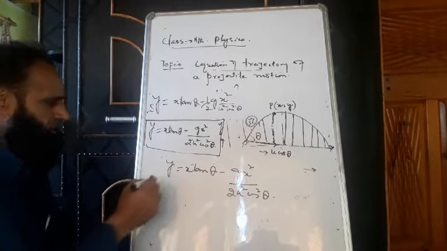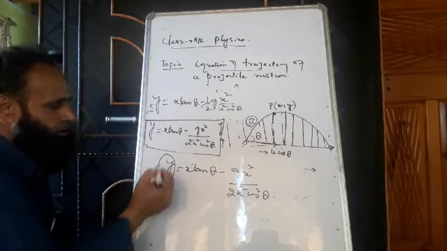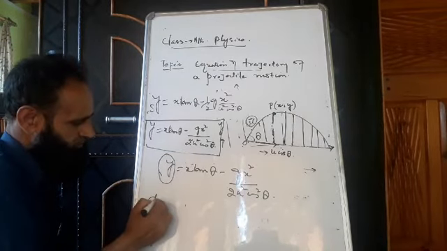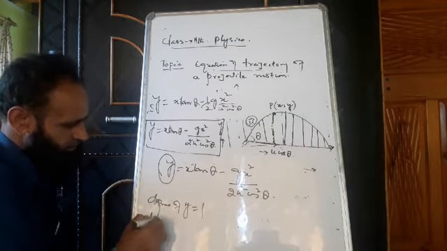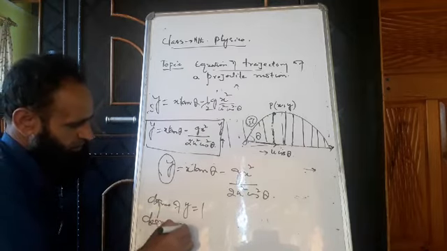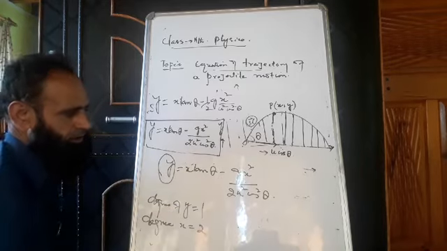This equation is first degree in y. Degree of y is equal to 1. The degree of x is equal to 2.